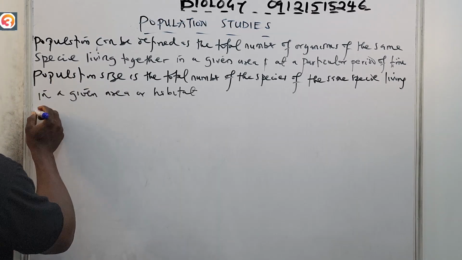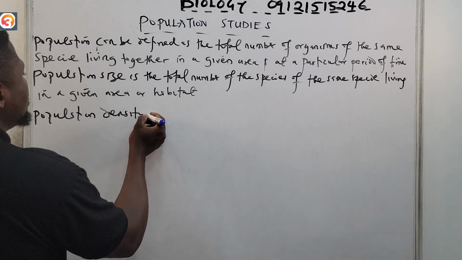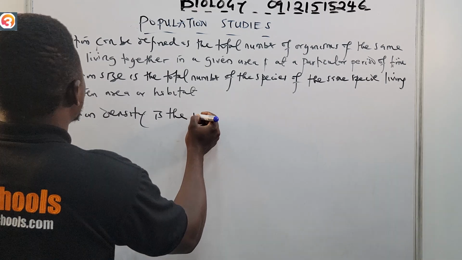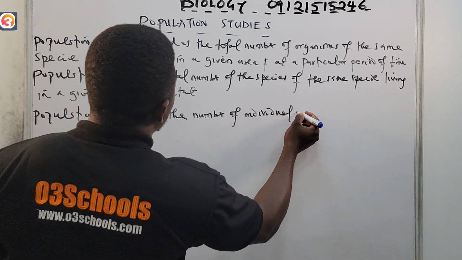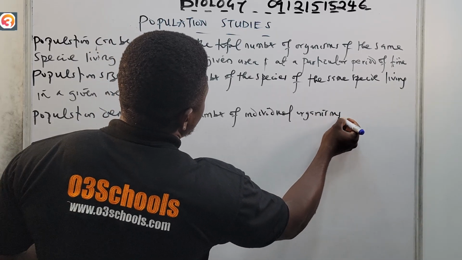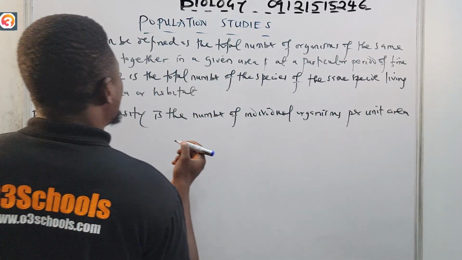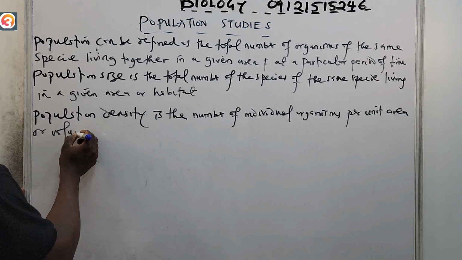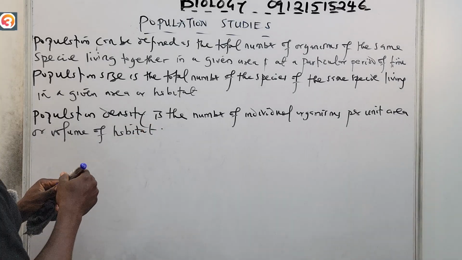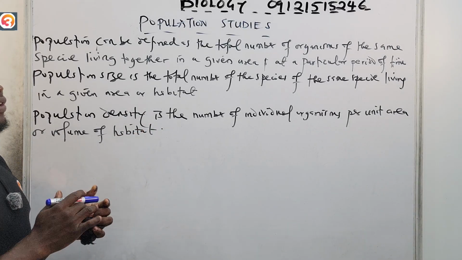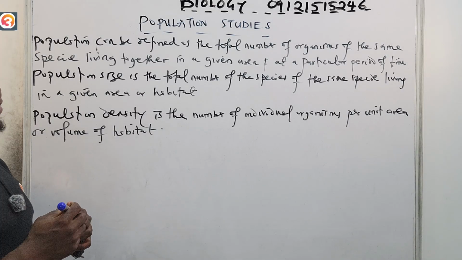Population density, on the other hand, is the number of individual organisms, this time per unit area or volume of habitat. So population density is the number of individual organisms per unit area or volume of what? Of habitat.